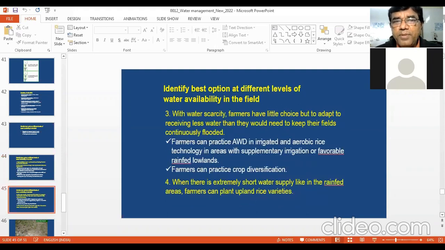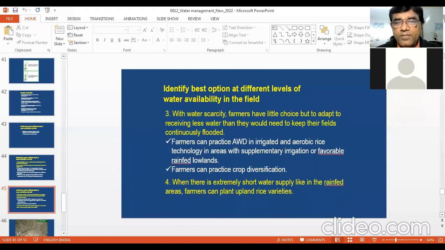Now, the third case is more water scarcity, where farmers have little choice but to adapt to receiving less water than they would need to keep their fields continuously flooded. Here the options are: farmers can practice alternate wetting and drying in irrigated rice and aerobic rice technology in areas with supplementary irrigation or favorable rain-fed lowlands.